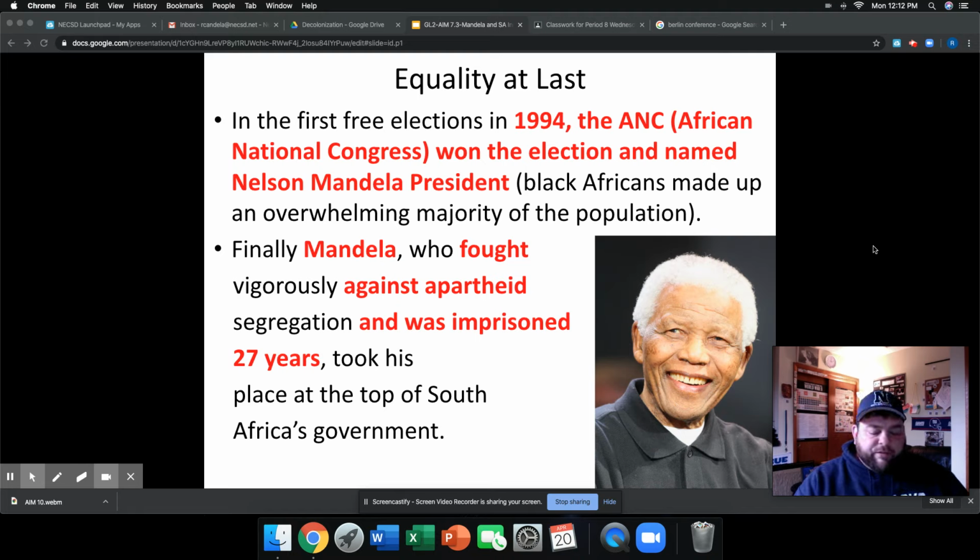Just use whatever means necessary as far as the internet goes. There are some tips and hints on the web quest to answer the questions on the worksheet and just get a good idea of Mandela and what he's about. Then as we move forward, we will do a little bit of a deeper dive. But again, we can't go as far as we want with all this stuff for time's sake. So start with that, and then we'll go from there.